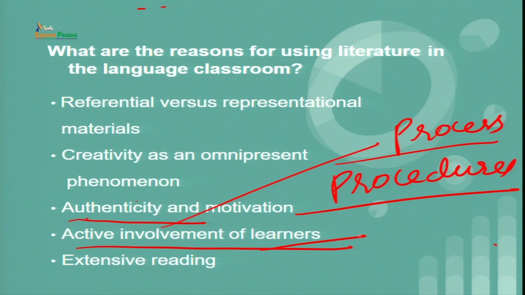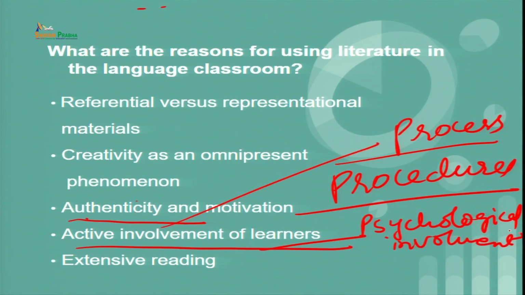Therefore, I am writing in this slide that active involvement mainly comes up with psychological involvement. It also comes up with cognitive and social factors that make you learn the literature and go through it.